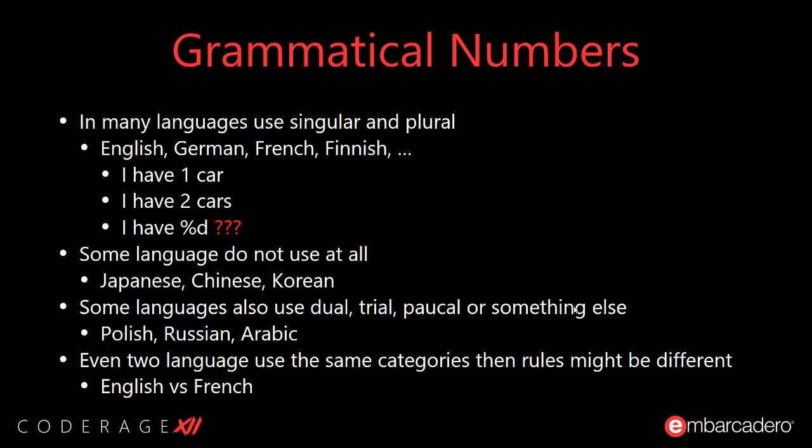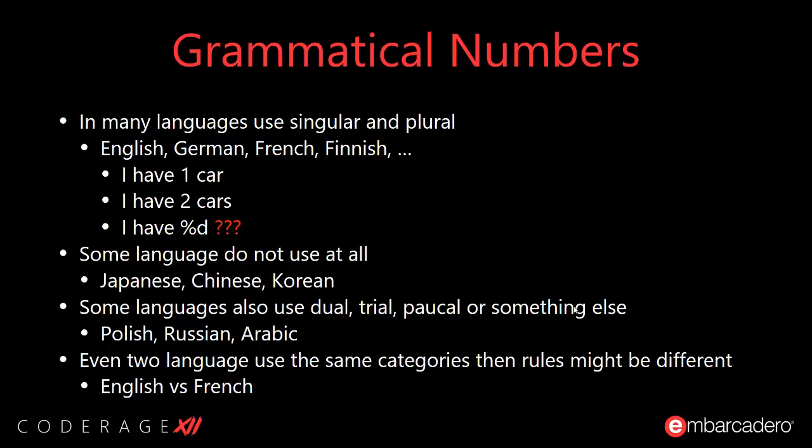Instead we're going to put a placeholder, where percent-d represents the placeholder. If we just have one pattern, I have and a placeholder, what are we going to do here? It's a little bit of a challenge. I'm going to show you later how to do that.